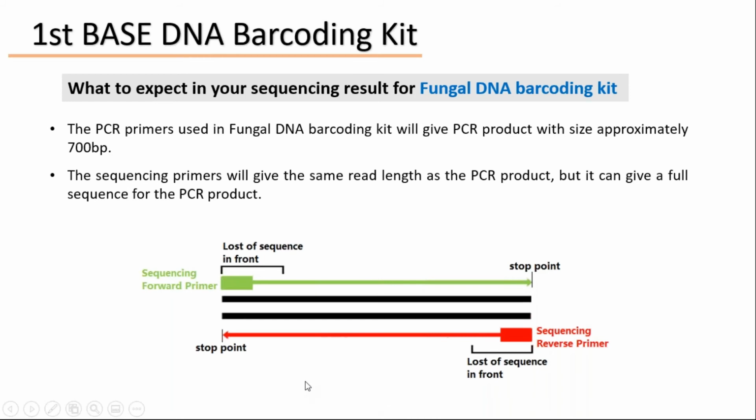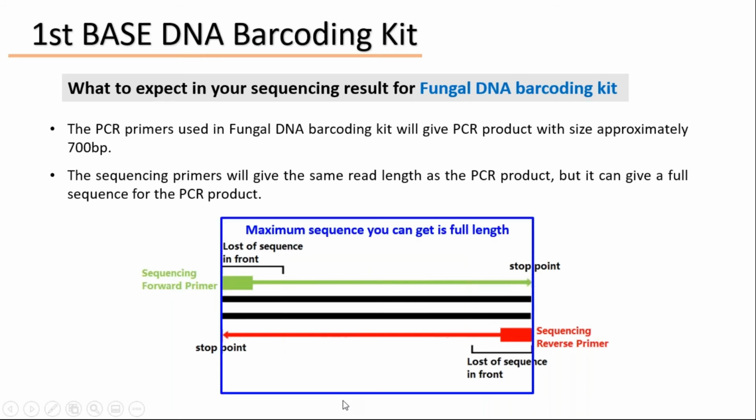This is because the PCR product is short, and the sequencing read length can usually read up to 1 kb. So one reaction can cover nearly all of the sequence, and you will find a stop point at the end of the result. Therefore, from the alignment of both results like this, you will get the full length sequence of your PCR product.